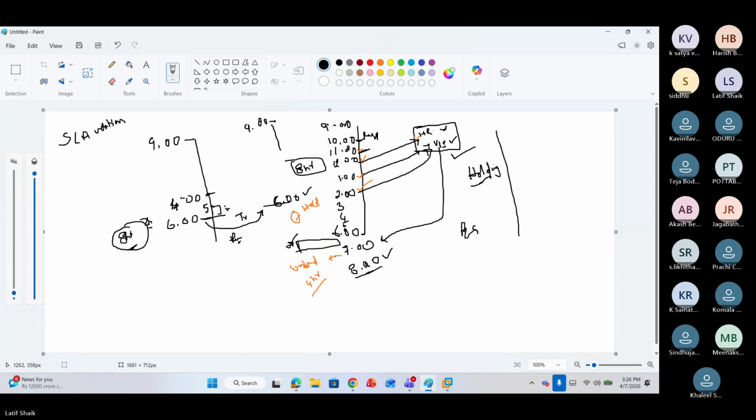Escalation. What is this escalation? You are trying to resolve or fulfill the user requirement. Generally, in an organization, they will provide documents on what to do if this kind of situation occurs.